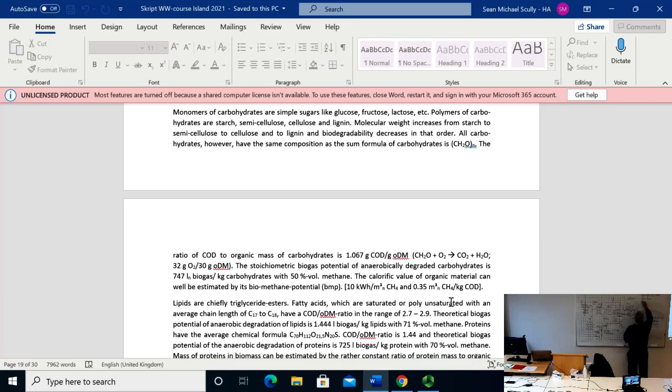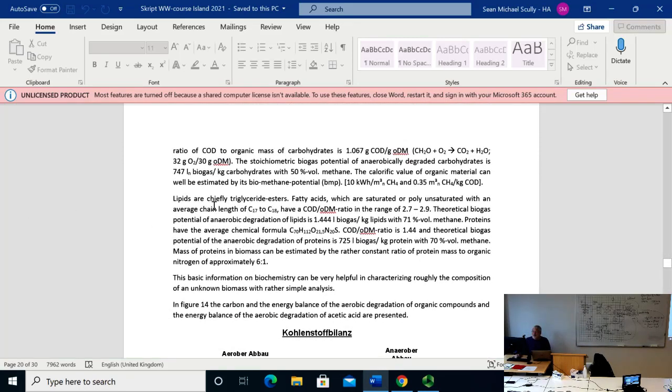And this is 22.4 liters normal CH4. So if you divide those two, you get 0.35 liters normal of CH4 per gram of COD. And that's 3.5 kilowatt hours per kilogram of COD. That's the calorific potential.